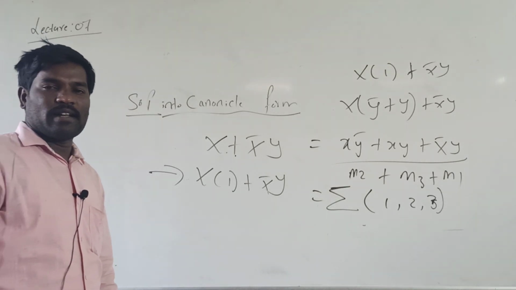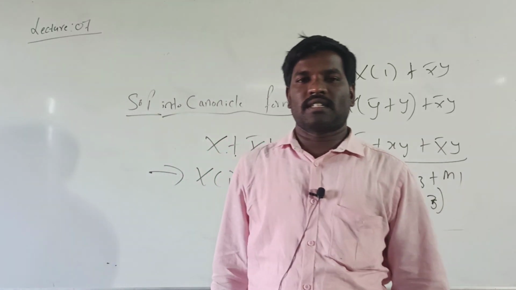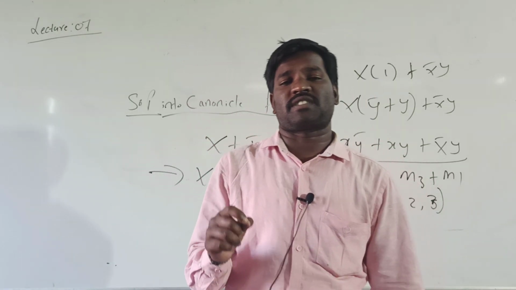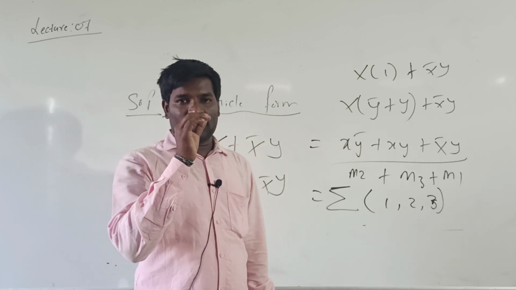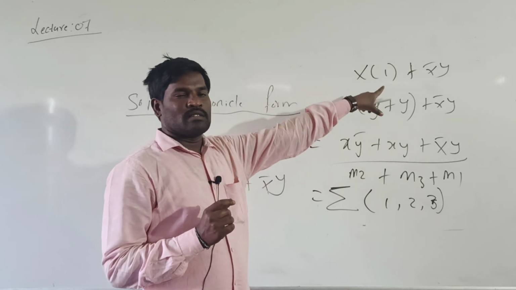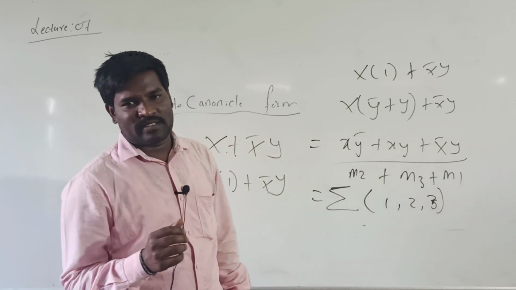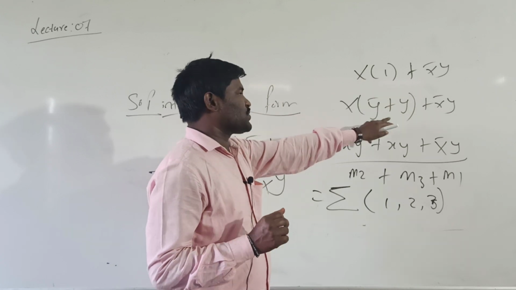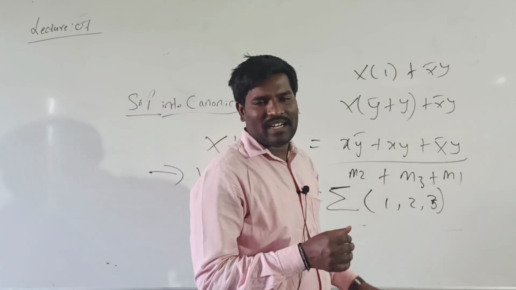Like this we have to convert the sum of product into canonical form. One thing we have to remember is that in the given expression we first need to identify the missing terms. In the missing term you can put 1, which equals the complementary law, x plus x bar equals 1. Here y is missing, so I write y plus y bar. If x is missing, instead I write x into x bar.